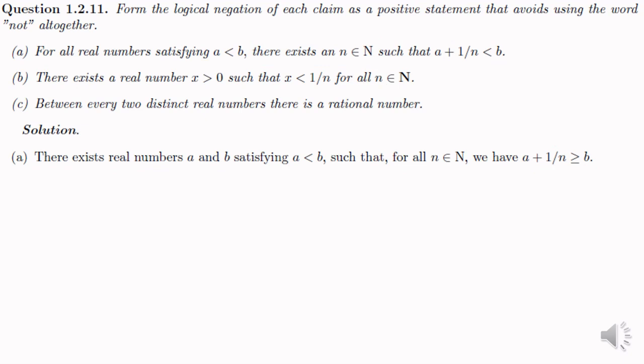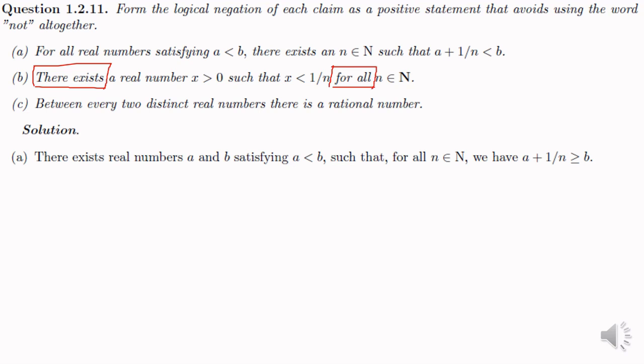Now we will look at the second one, b. There exists a real number x greater than 0 such that x less than 1 by n for all n element of N. So "there exists" changes to "for all", and "for all" changes to "there exist". Okay.